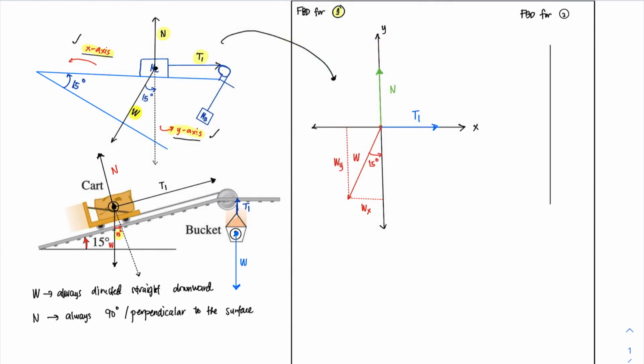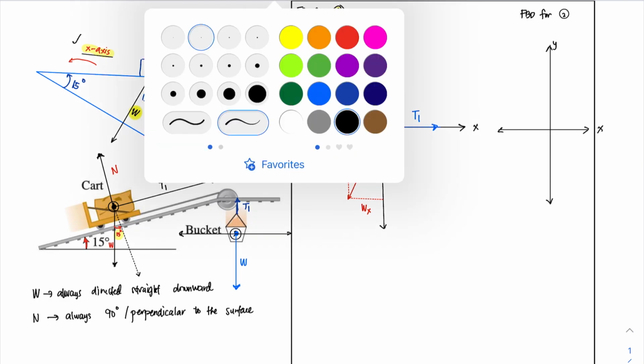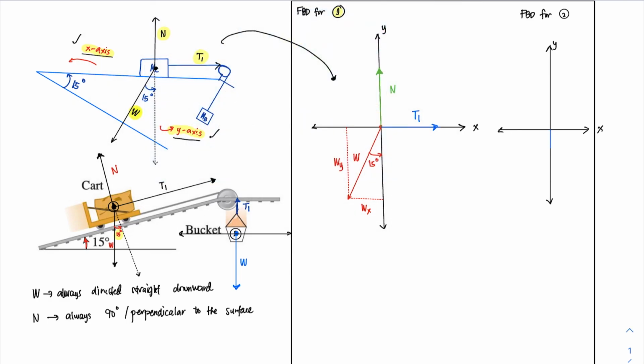It's very easy. By the way, do we have a force on the x-axis for body 2? Do you have any force there? Clearly, none. No force exists there. So, our x and y axes will simply have these two forces. The one in blue, which is the weight, is directed downward.